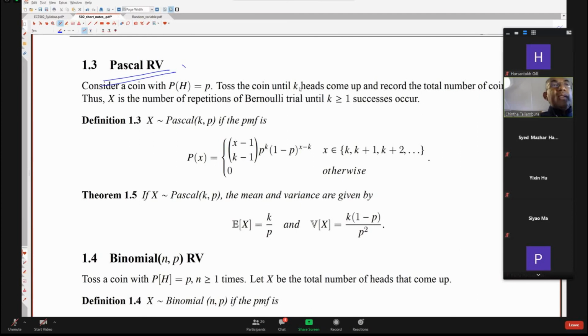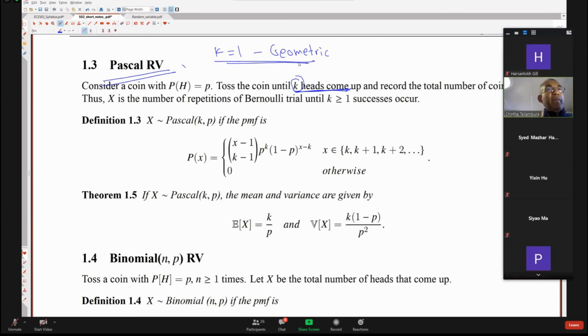Our stopping condition is not just 1, but any arbitrary number that you want to specify. So let's say I toss the coin until k heads come up. My k is the parameter. If k equals 1, I'm back to the geometric case. k equals 1 is the geometric random variable.